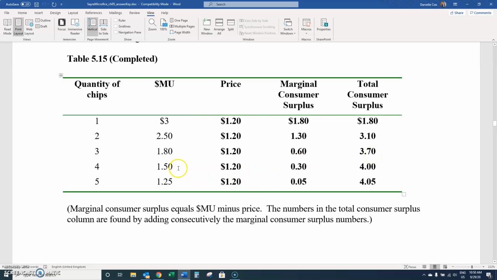For the fourth bag, they were willing to pay $1.50. They only had to pay $1.20, so the marginal consumer surplus is 30 cents. The total is this $3.70 plus the additional 30 cents from that fourth bag, which is $4, and we just continue on from there.